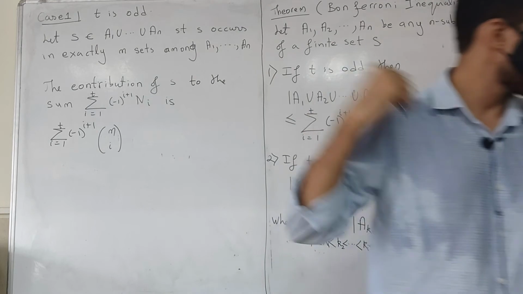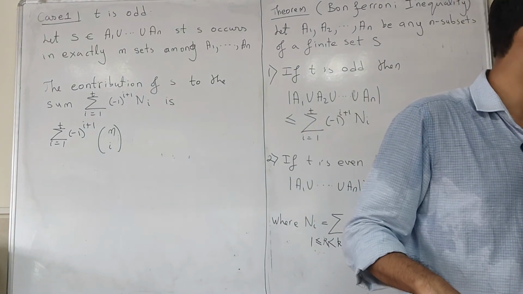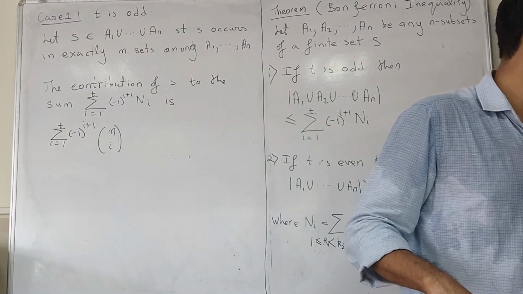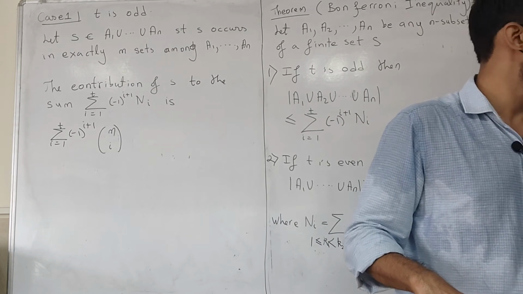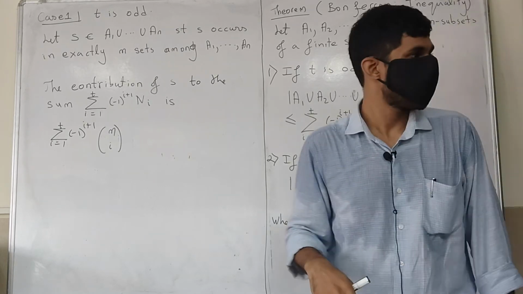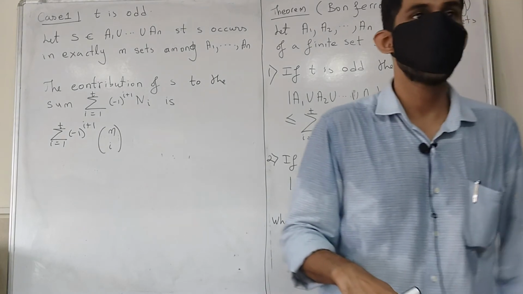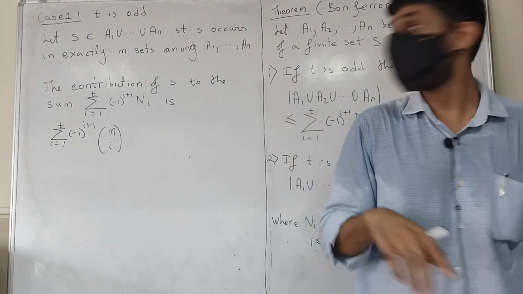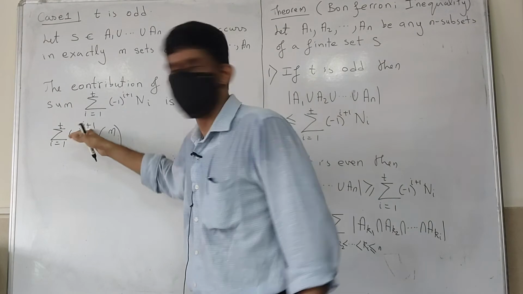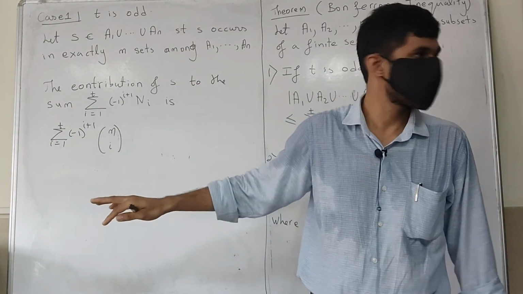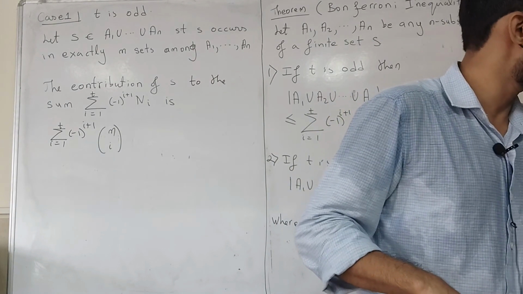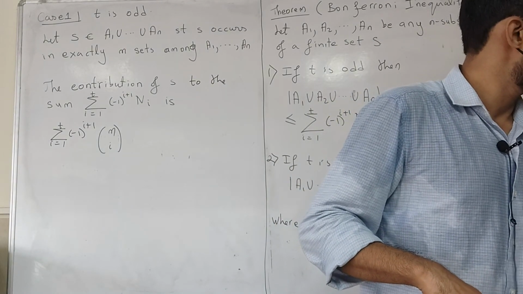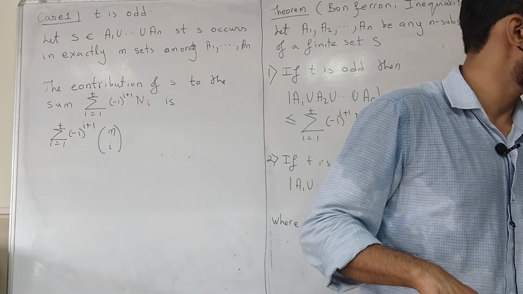What is this? What we have calculated this to be? You can see from our previous lemma, that is I going from 1 to k, minus 1 raised to k minus 1, MCI. Of course, this is now I plus 1.